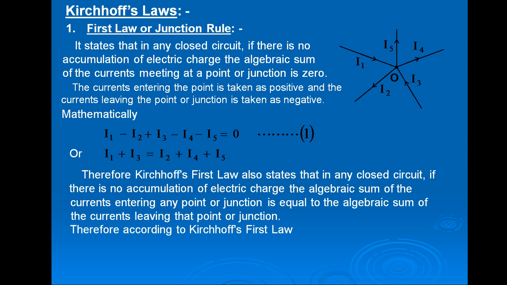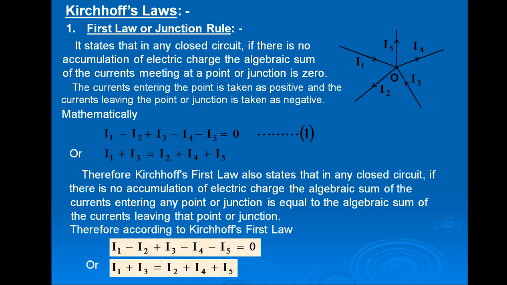Therefore, according to Kirchhoff's first law, I1 minus I2 plus I3 minus I4 minus I5 is equal to 0, or I1 plus I3 is equal to I2 plus I4 plus I5.